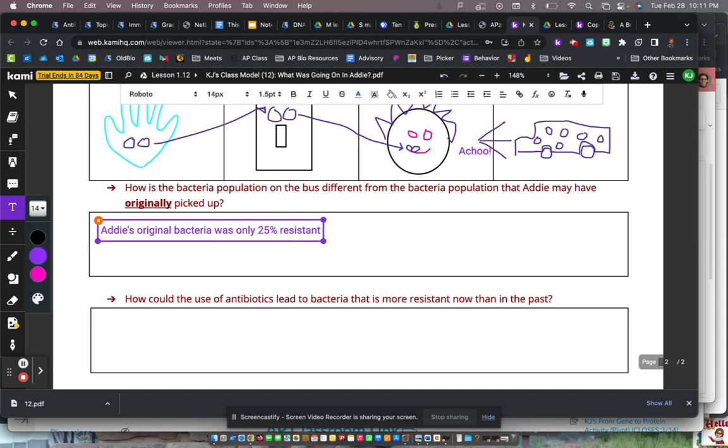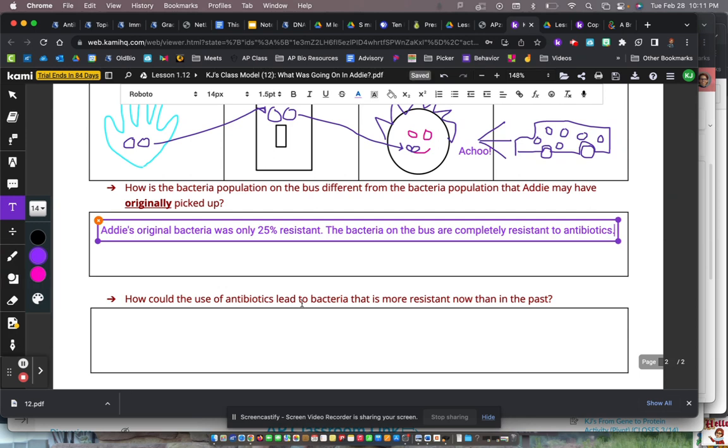Now, what it really was in the real story, we don't know. The bacteria on the bus are completely resistant to antibiotics. So the next person that picks them up could be in really, really big trouble.